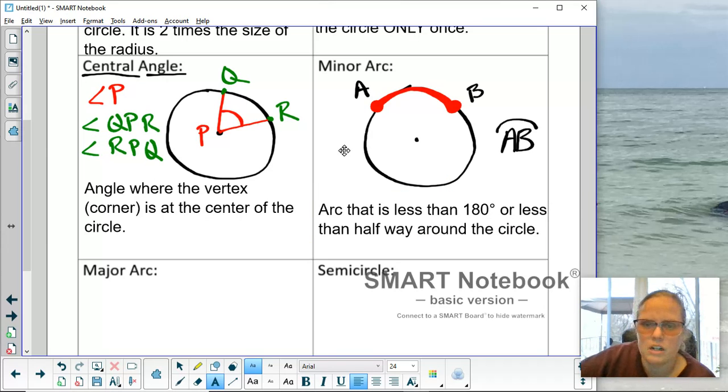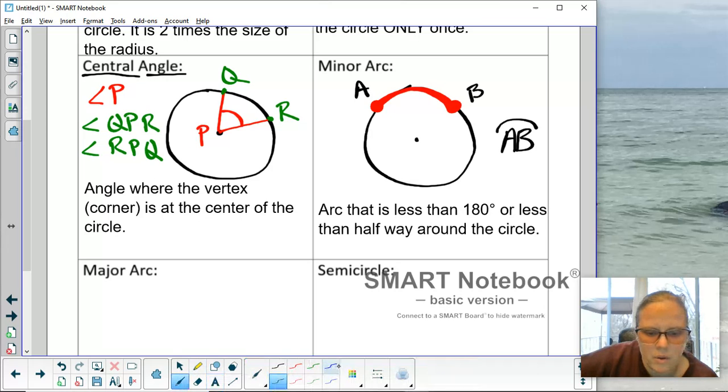Now for minor arcs, we just use 2 letters to name the arc. So they could throw in another point that's emphasized along the way there. We don't need to use that point because we're going the least amount of distance for a minor arc. We know we wouldn't want to go the other direction because that would be more than halfway around.